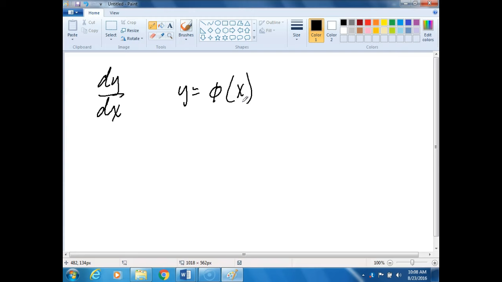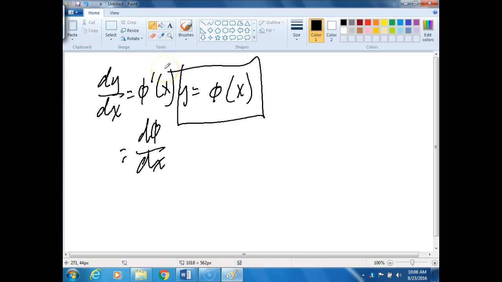If y is this, then dy/dx would be phi prime of x, or we sometimes call it d phi/dx, okay? All those mean the same thing if y is a function of x. Here they're using phi rather than f. Don't know exactly why.